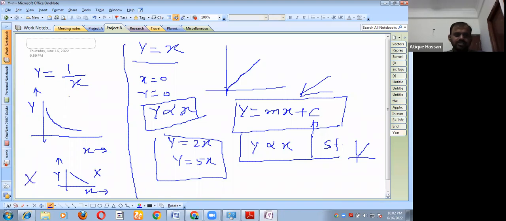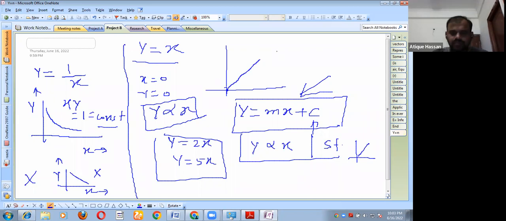In such cases, for an equation where xy equal to 1, you see here we have xy equal to 1, or a constant, right? If we are getting a term like xy equal to constant, in such cases the graph is curved. Got it?